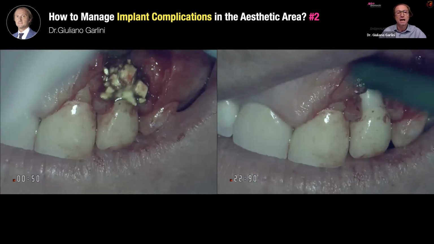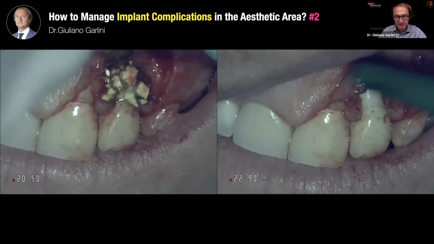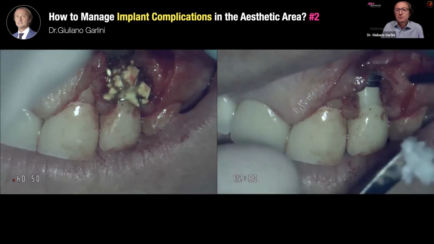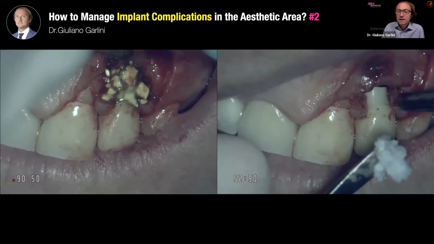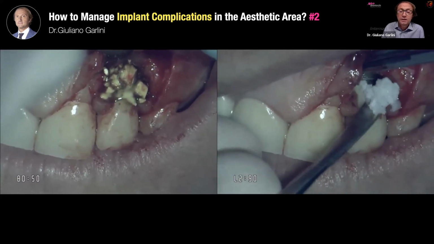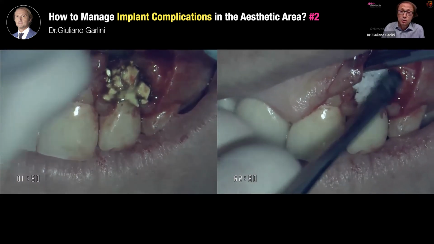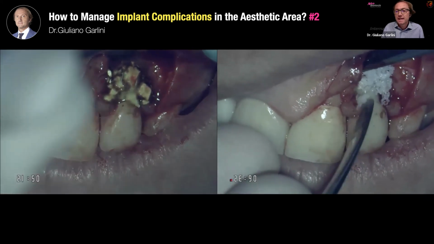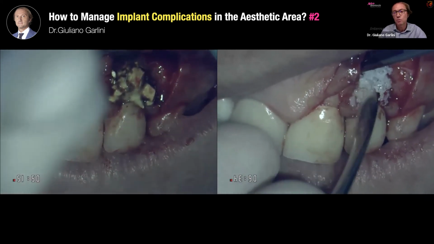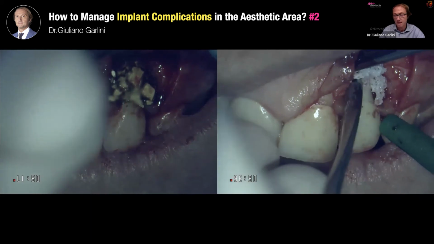At that time, I was used to apply doxycycline over my implant after the cleaning. You can see here. And after the complete cleaning of the implant, regenerative surgery with some heterologous bone and with a resorbable membrane.